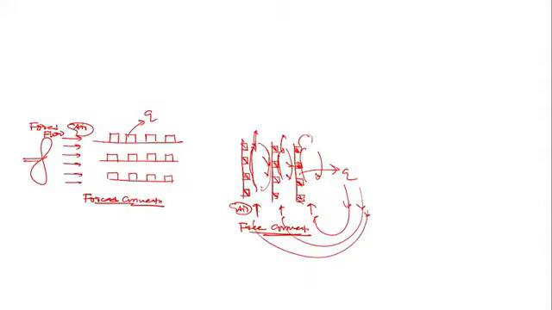And what happens if I make it horizontal? Why is it vertical? What happens if the same circuit is horizontal, then what happens?